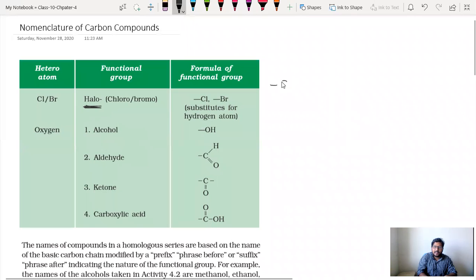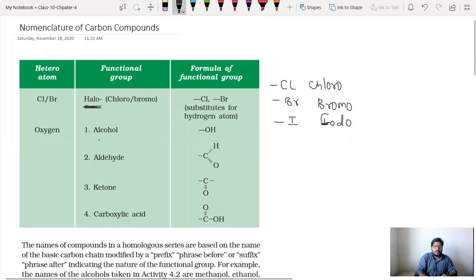If you are representing Cl, you have to call it chloro. If you are representing bond Br, you have to call it bromo. If you are representing iodine, you have to call it iodo. So just try to remember the names.